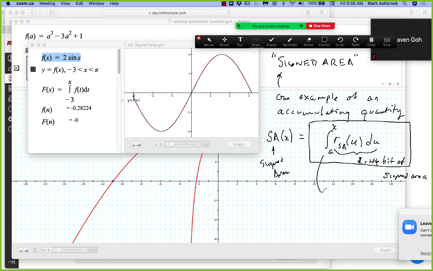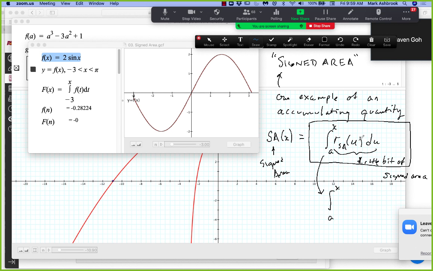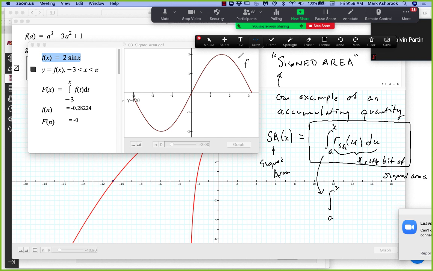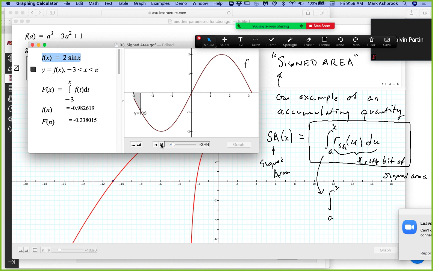And what was the rate of change of signed area? All that we need to write a signed area accumulation function is the rate of change of signed area. Who remembers what the rate of change of signed area was? The function itself. Yeah, so if this is f, what's the rate of change?